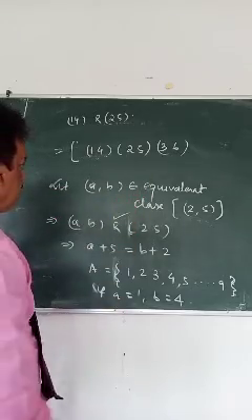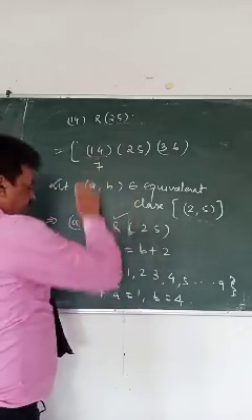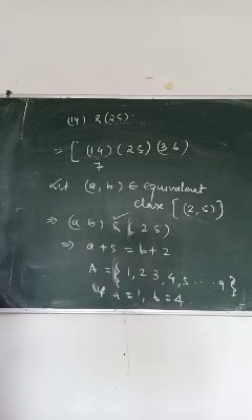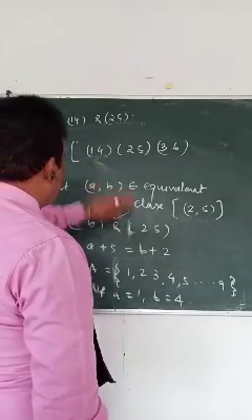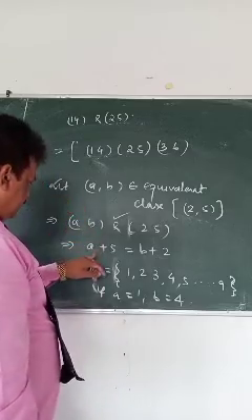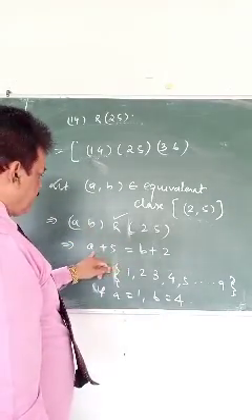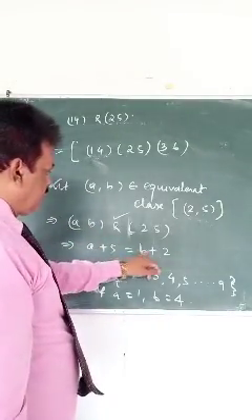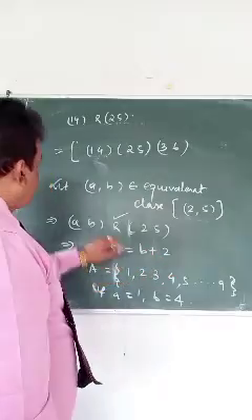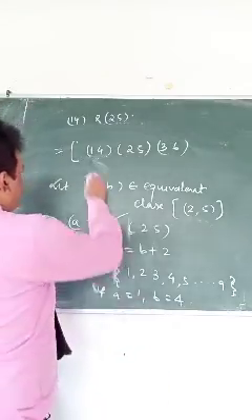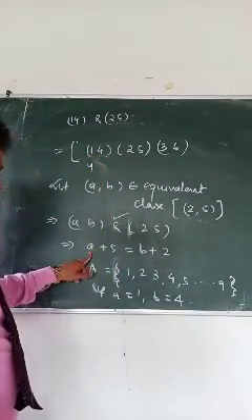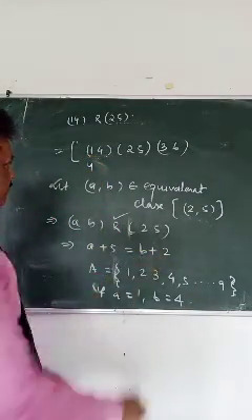If you put 7, 1, 4, 2, 5, 3, 6. 4 if you put, 4 plus 5, 7 plus 2, 4, 7.